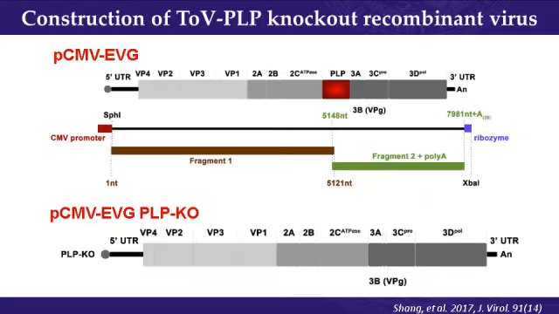So to further determine whether this torovirus PLP's function is consistent in the recombinant virus in the context of viral infection, we constructed a full-length cDNA infectious clone of this chimeric virus. And using this infectious clone, we knocked out the expression of the torovirus PLP.